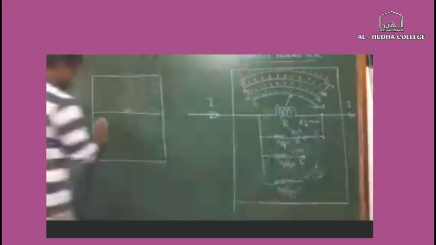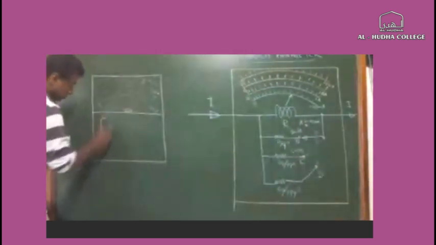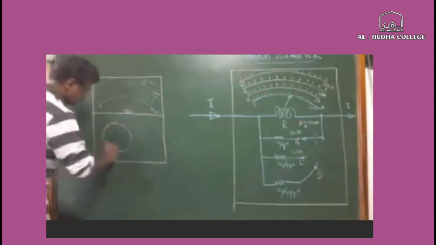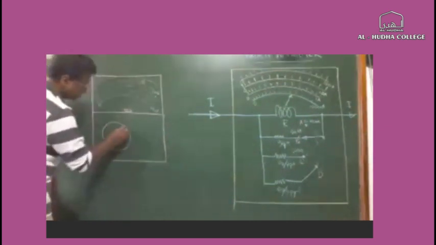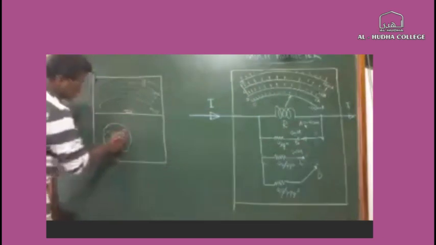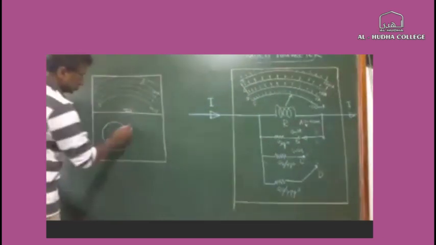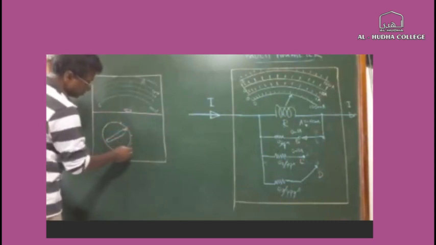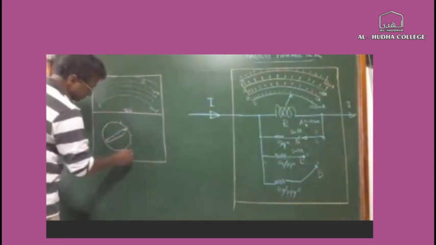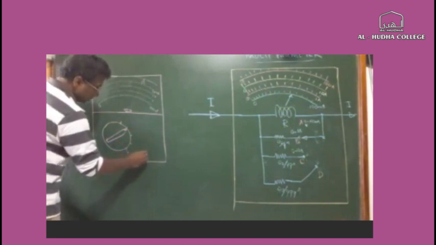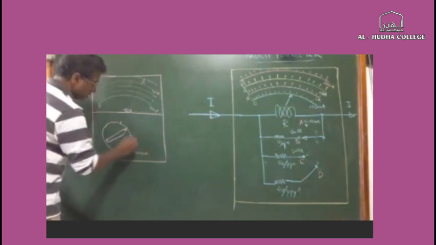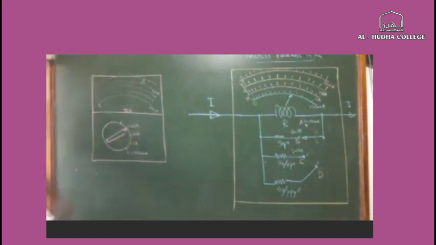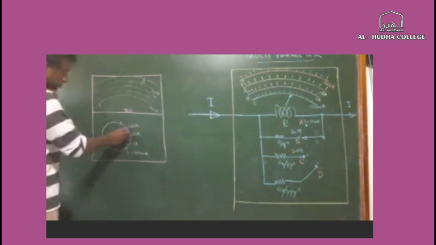So you can either have say something like this, a switch selector with an arrow that can change from 0 to 100 milliamps, 1 amp, 10 amps, 100 amps, and so on. Okay, it's a selector.